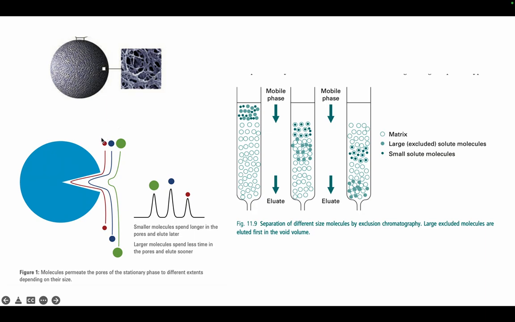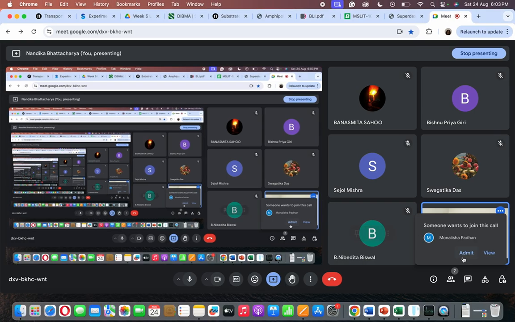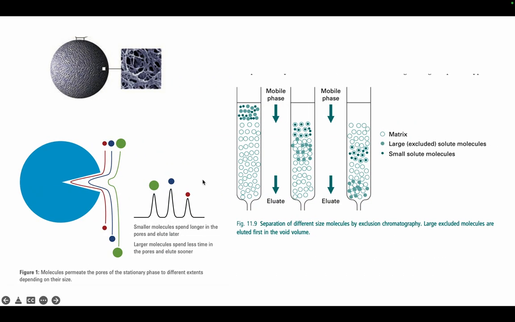And when we have molecules of different sizes, not all of them will be able to enter this pore. So if we say the pore has a profile like this, with a decreasing diameter as we go inside, then a very small molecule will be able to go all the way inside the pore and then come out. But if I have molecules which are slightly larger, then they'll get stopped somewhere here.